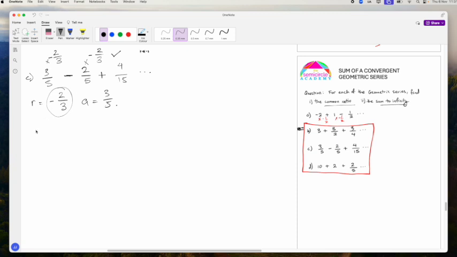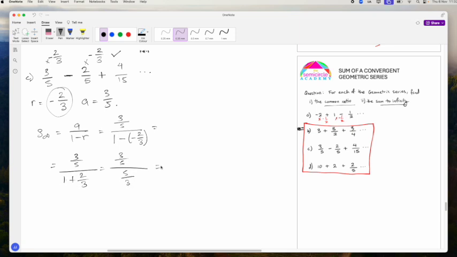So it is convergent. So the sum to infinity is a over 1 minus r, which will give me 3 over 5 divided by 1 minus, and r is negative 2 on 3. So this gives me 3 on 5 into 1 plus 2 on 3, which is 3 on 5 into 3 over 3 plus 2 over 3 is 5 over 3.